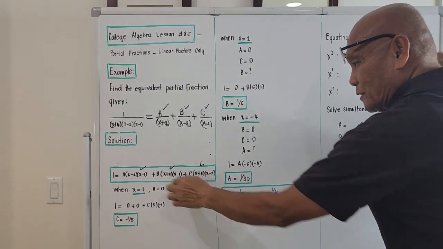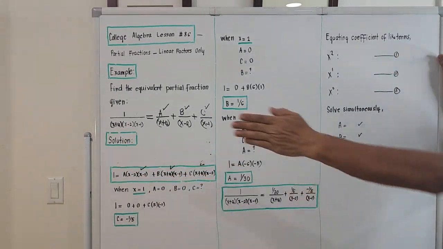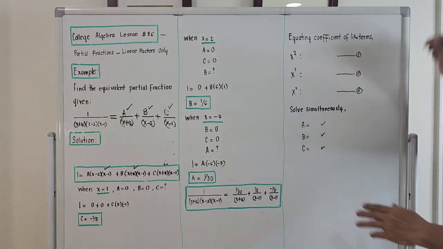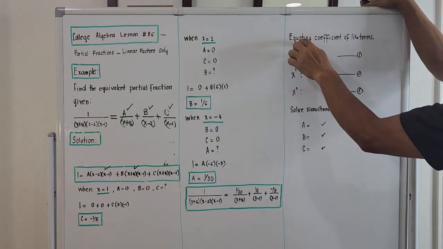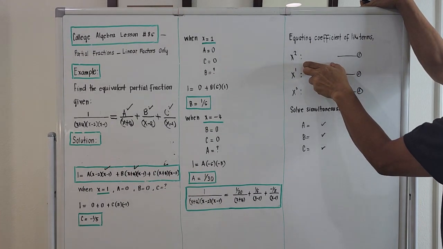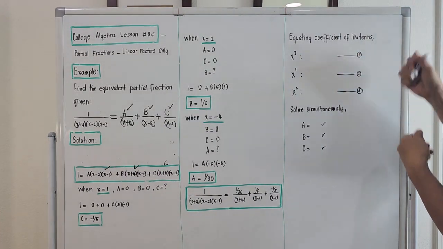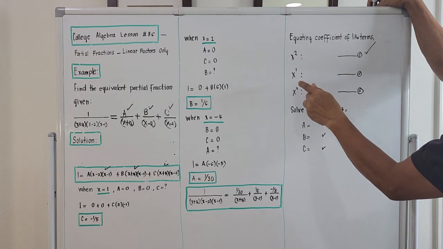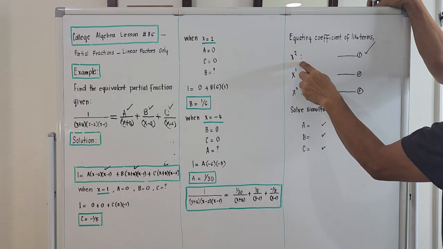If we try to expand this one, and by using the solution the last time around, that is equating coefficients of like terms, we will start with x squared. There will be a resulting equation here involving ABC, and we call that equation number 1. The next will be x to the first.